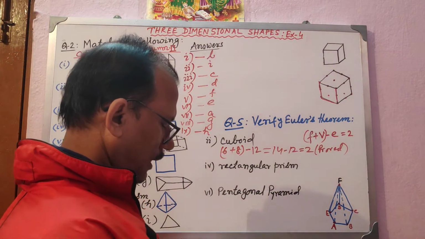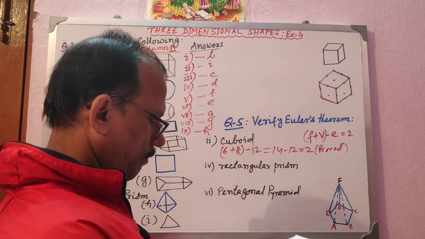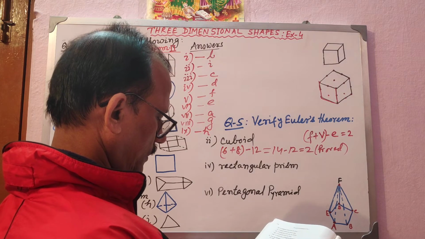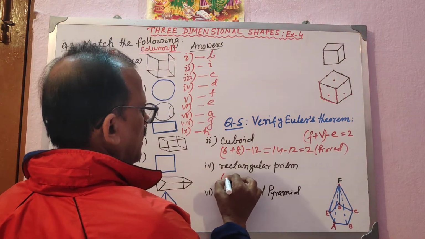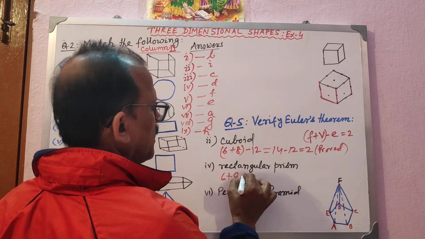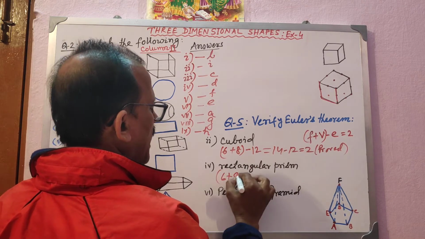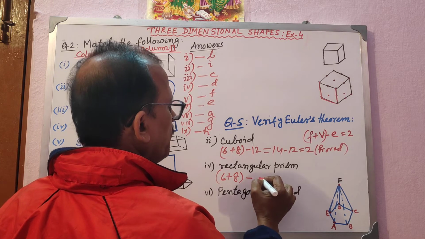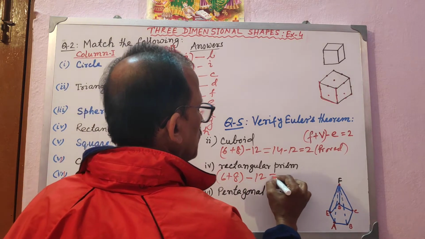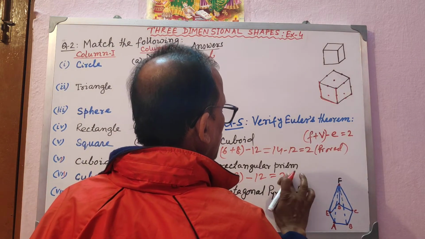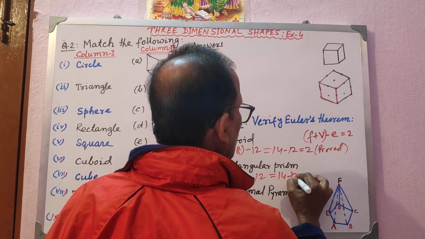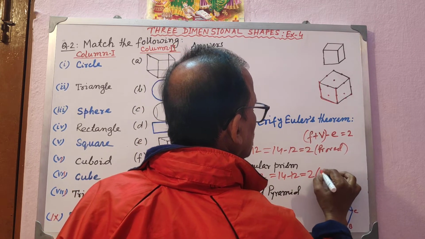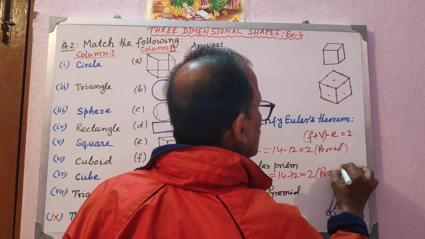So the rectangular prism will have again 6 faces, 8 vertices, and how many edges? 12 edges. That is 14 minus 12, that is 2. Euler's theorem is proved, isn't it?